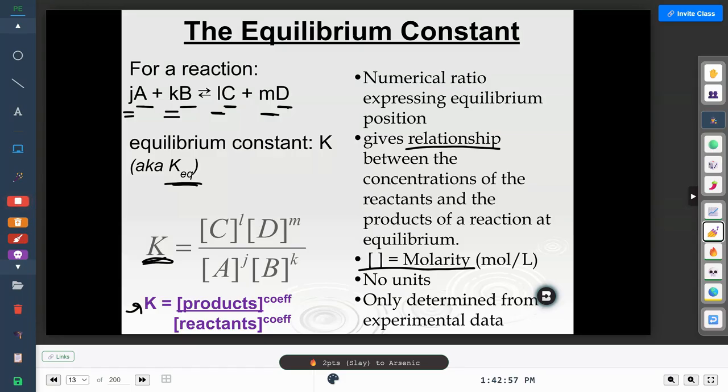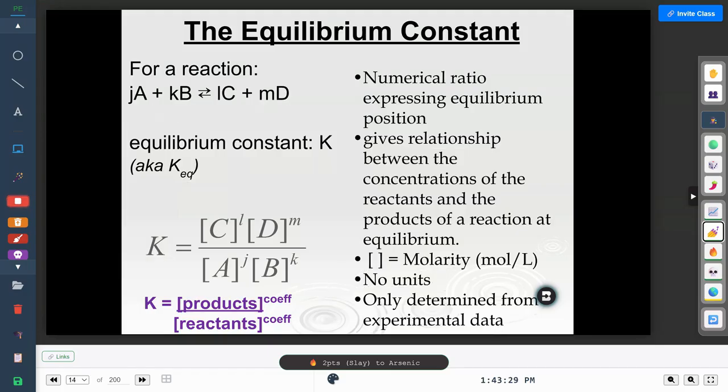But when I come up with my final value for K, there are no units, because K could have a ton of different units depending on all the different coefficients you could have. This is all determined experimentally. The K that we determined was done based upon doing some experiments and looking at our equilibrium position.